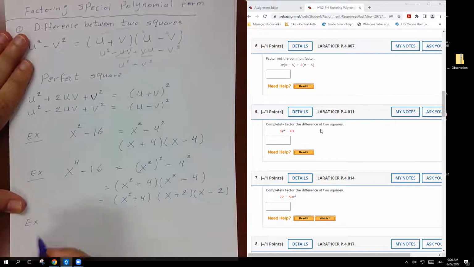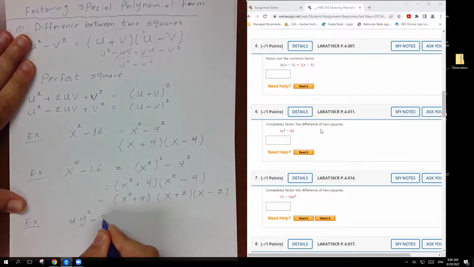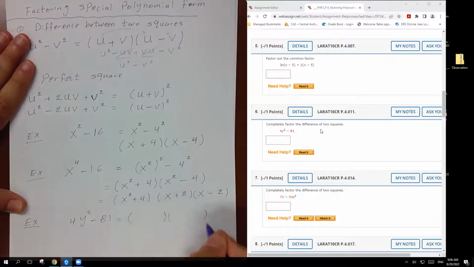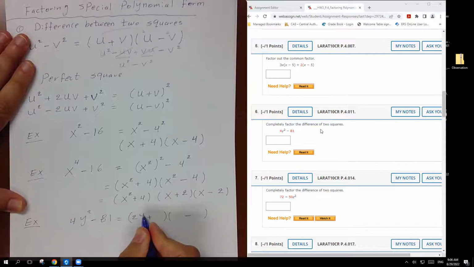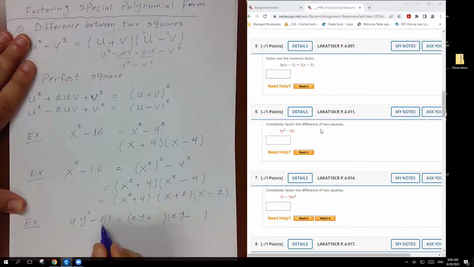This is the difference between two squares. So I'm going to open two parentheses, one plus, one minus. 4y squared means it's going to be 2y here and 2y here. 81, which is 9 times 9.